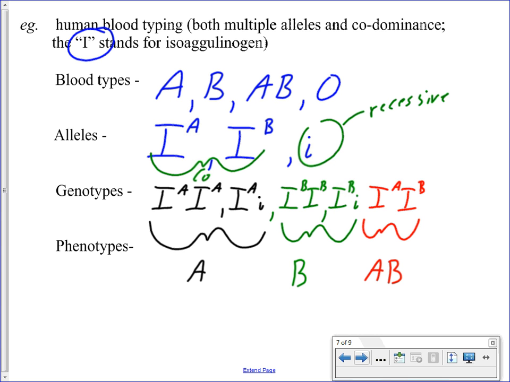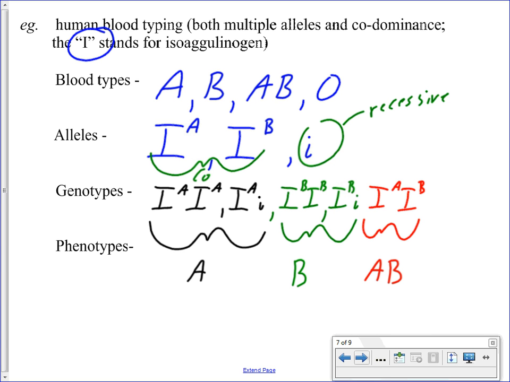So they do not have a mixture of blood type A, some of the red blood cells being blood type A, and some being blood type B. That is not the case. Every single one of their red blood cells is going to be similar because it is going to have the characteristics resulting from both the IA and the IB allele.